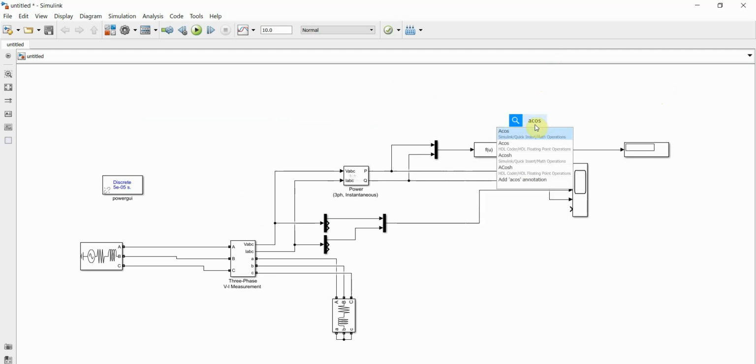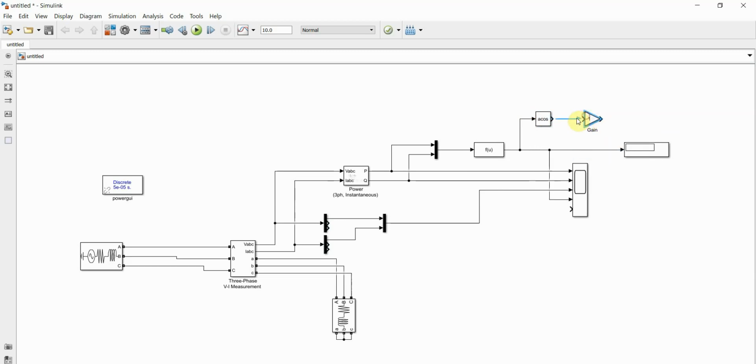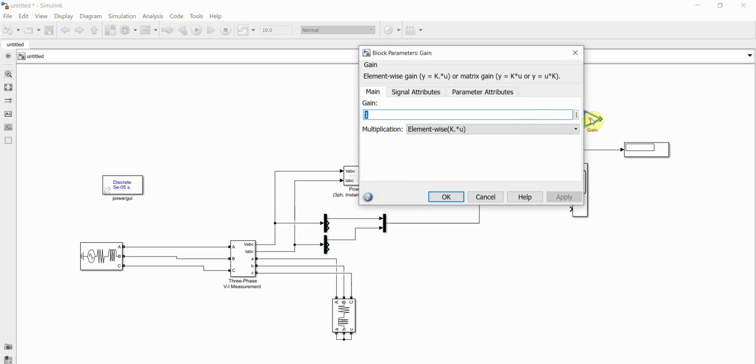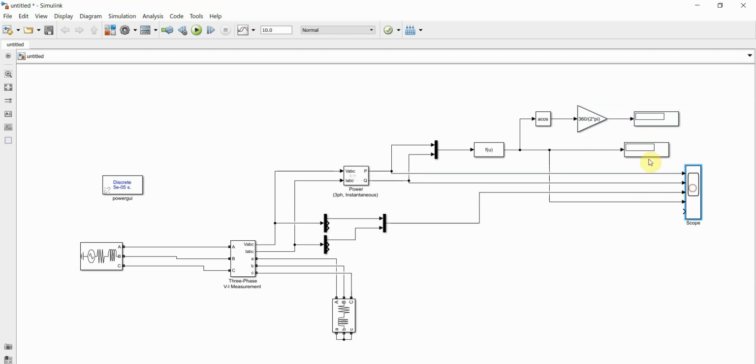We use a cos inverse, and we need a gain which will convert radian to degree. For that we use 360 divided by 2 star pi, so that we will get it in degrees. Put a display here and bring it here.